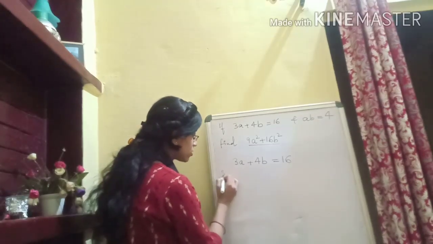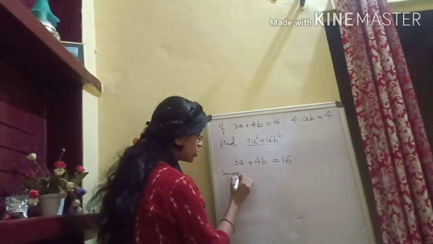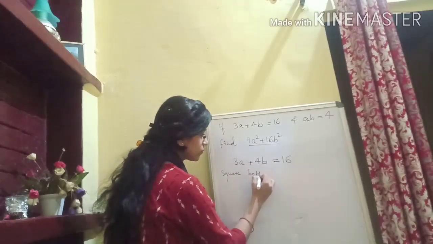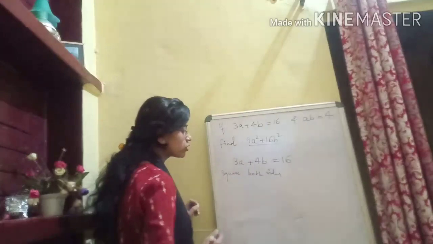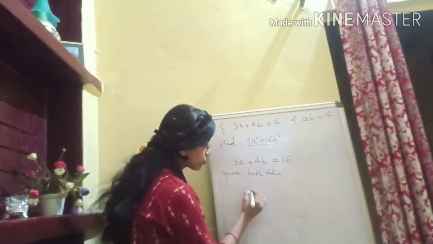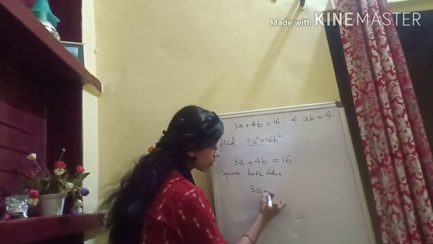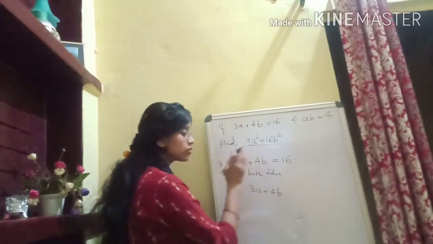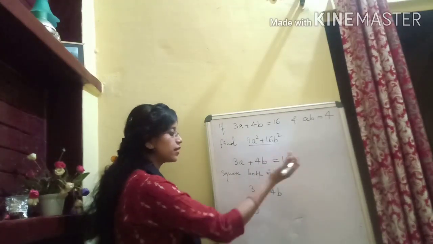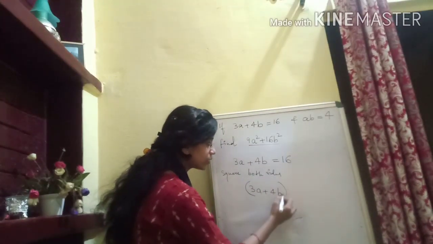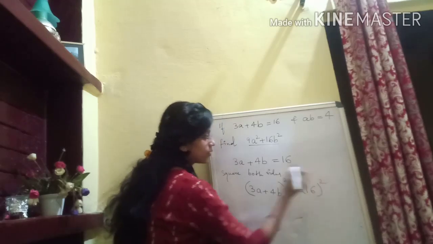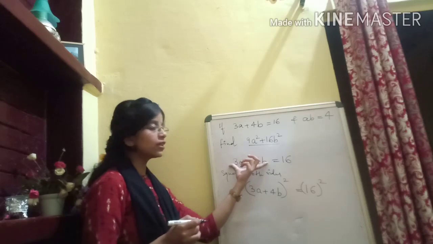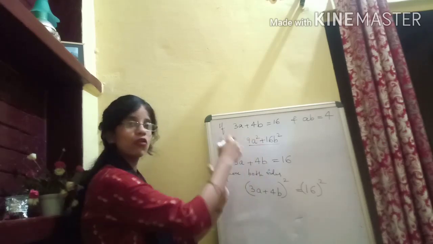Square both sides. When you are squaring, you have to write 3a plus 4b whole square on the left hand side and 16 whole square on the right hand side. Is it clear? When you are squaring the left hand side, we have to square the whole together.